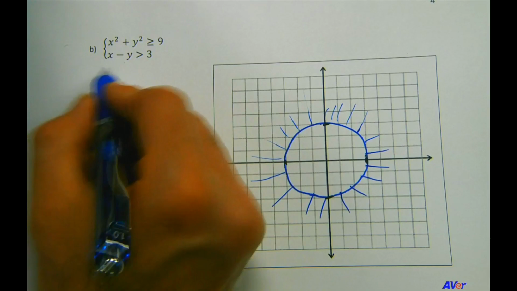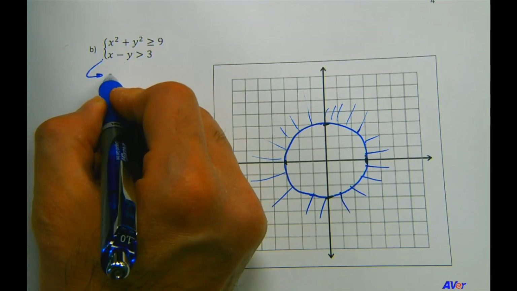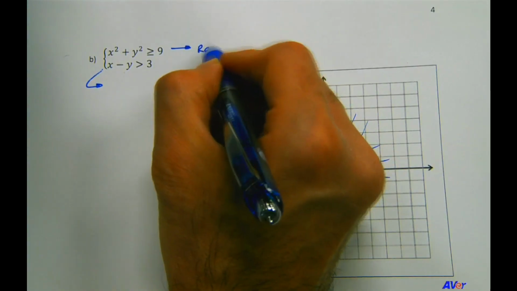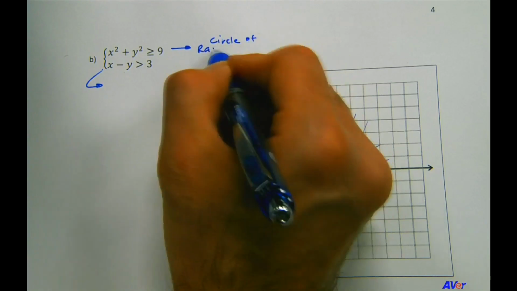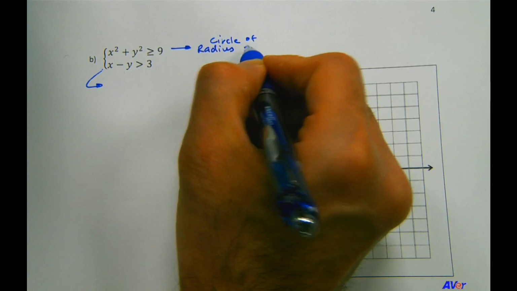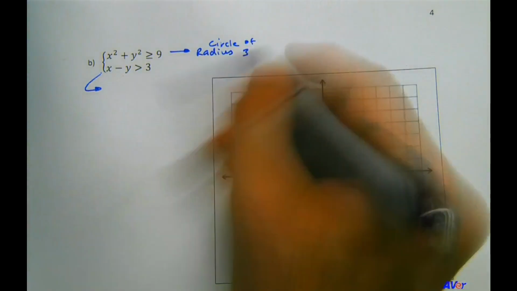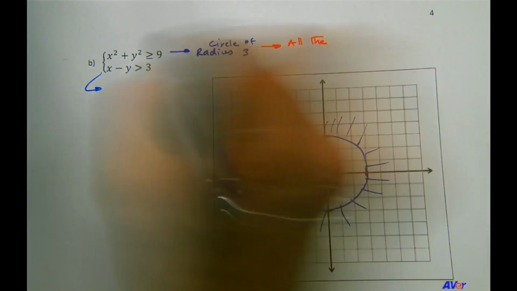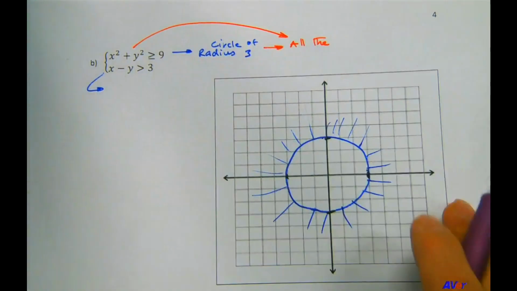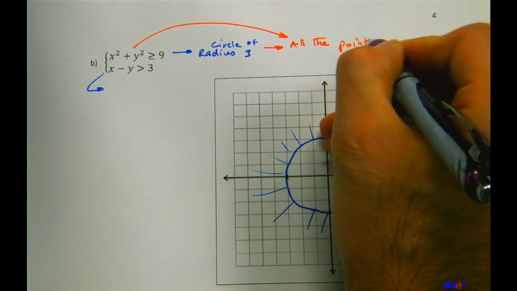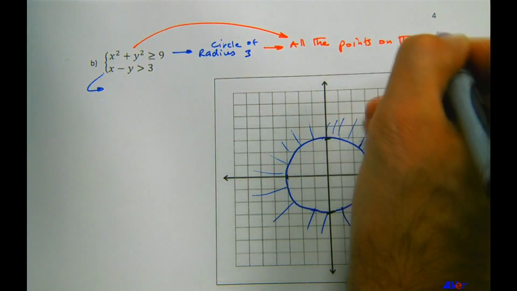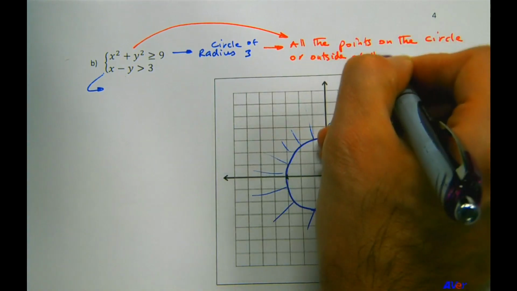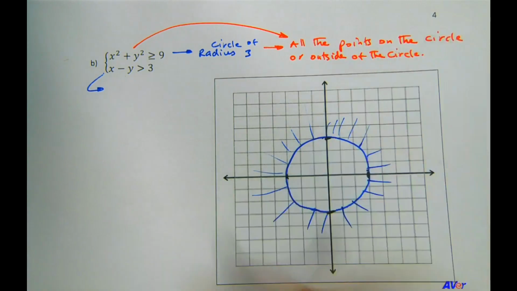So let me write down here, a circle of radius 3, and let me add all the points on the circle or outside of the circle. Okay, that's the solution of that one.